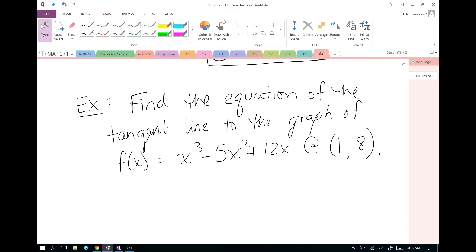We want to find the equation of the tangent line to the graph of f of x equals x cubed minus 5x squared plus 12x at the point (1, 8).